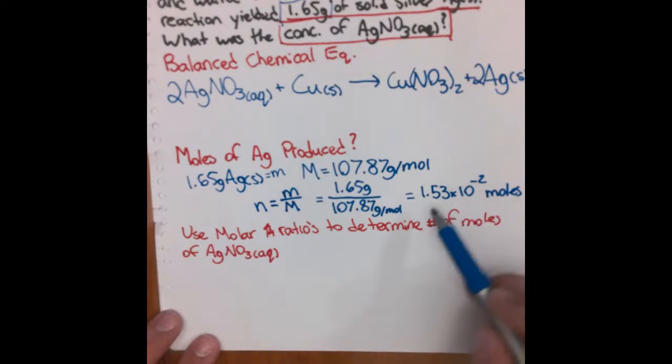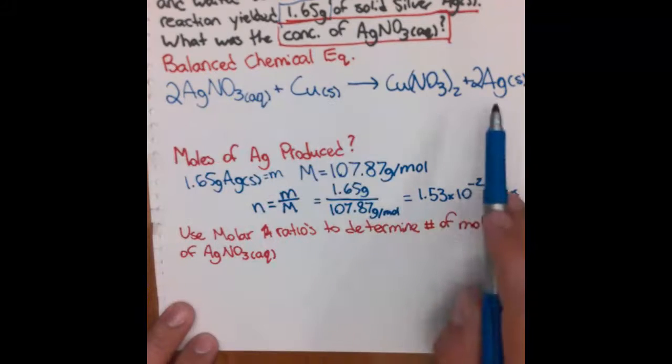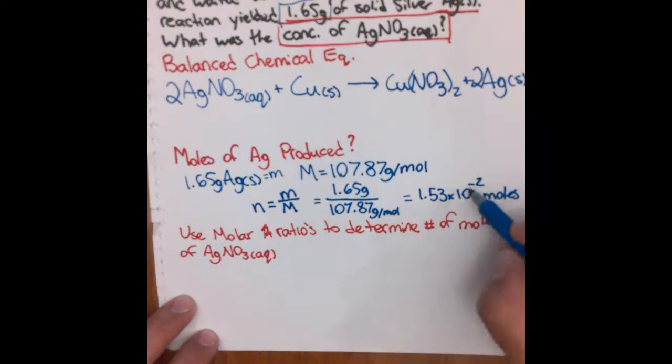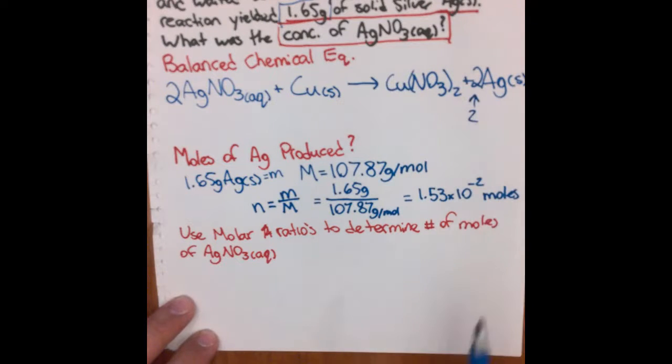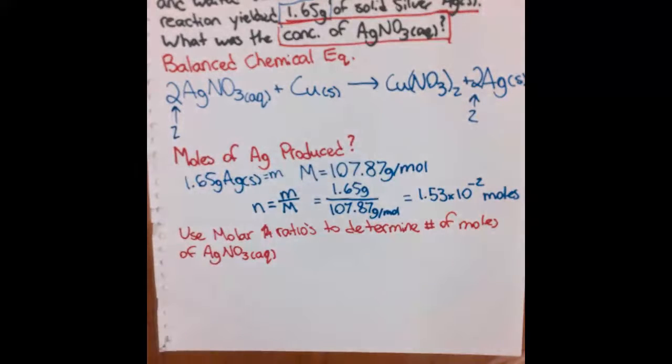So I can use my molar ratios given my balanced chemical equation in order to determine how many moles of AgNO3 there are. So this here is going to be the number of moles of my silver, which has a coefficient of 2. And what I am looking for is the number of moles of my AgNO3. And conveniently, that also has a coefficient of 2.